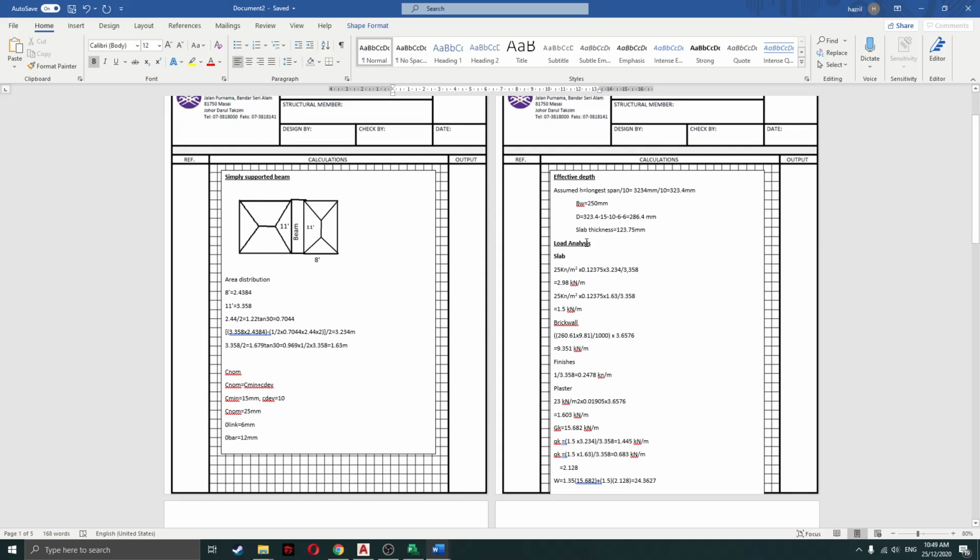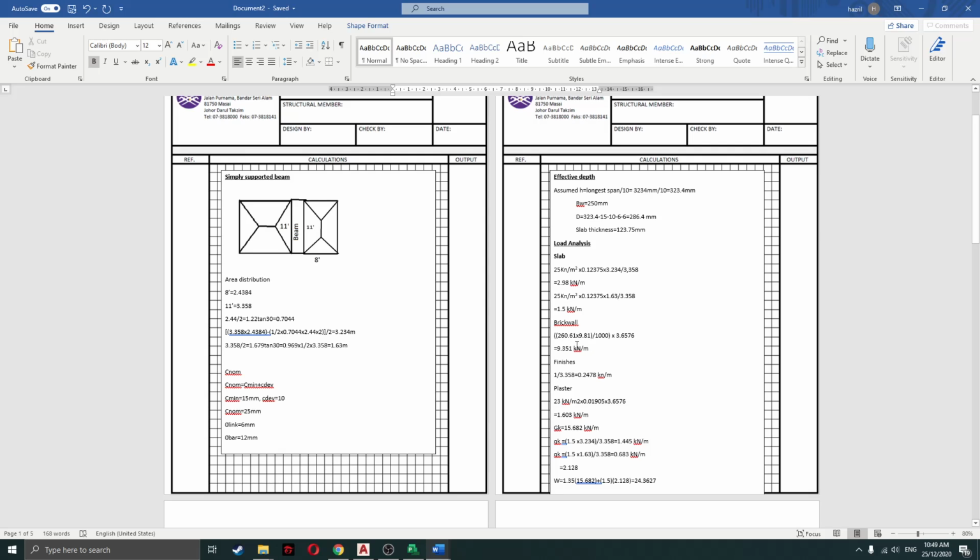For load analysis, first we need to find the density and then times with the slab thickness and the area. Area divide by length. Same for this, I get 2.198 and 1.5.